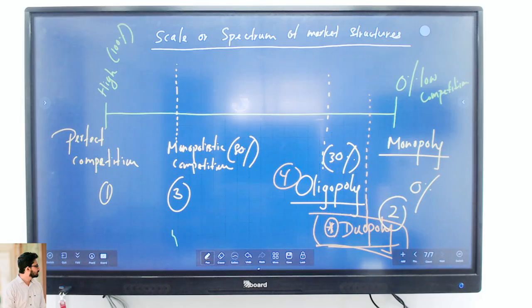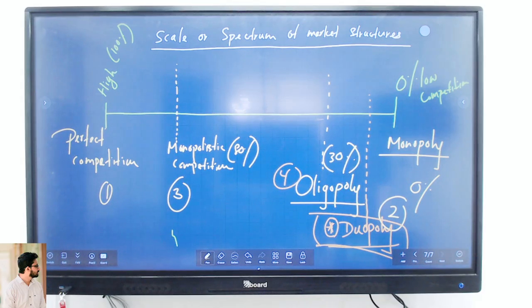This lesson is really important because if you want to start a business one day, if you have any willingness to start a business, you need to know how different markets actually behave or operate in the economy.